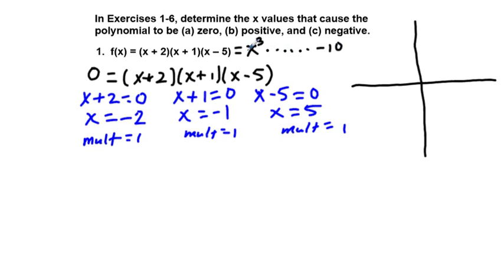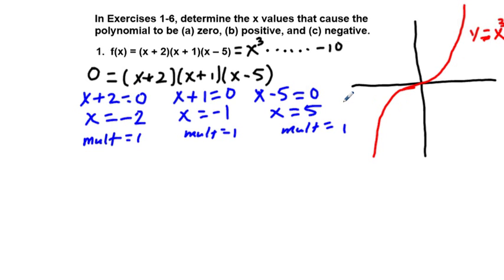But really, the leading term is what we care about. If you recall, the cubic parent function goes like this, crossing the x-axis at x equals 0 and resuming up. That's the function y equals x cubed.